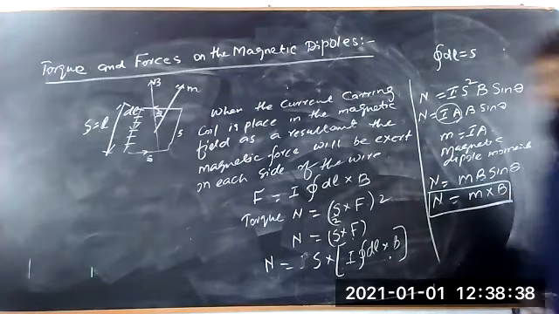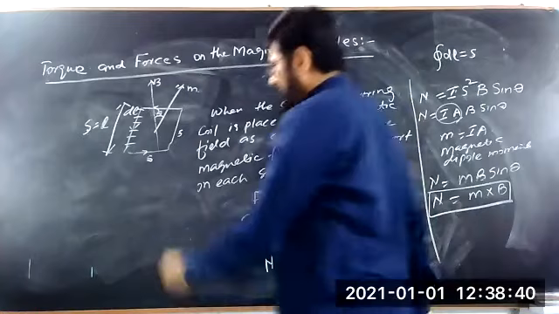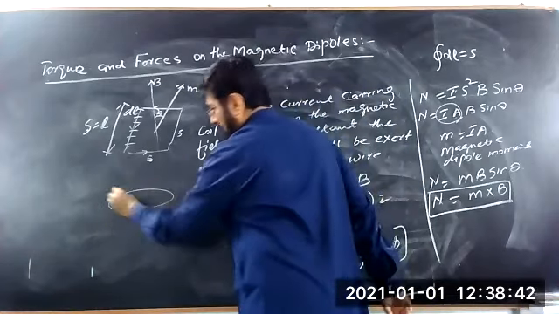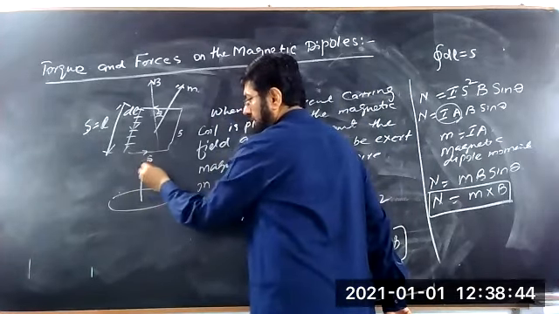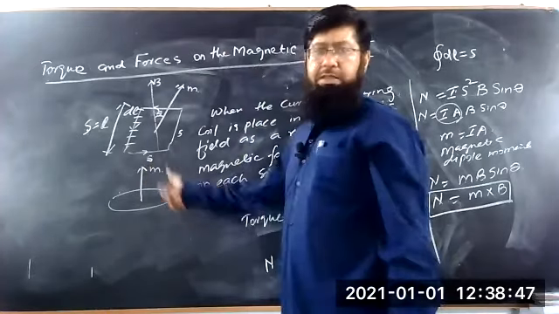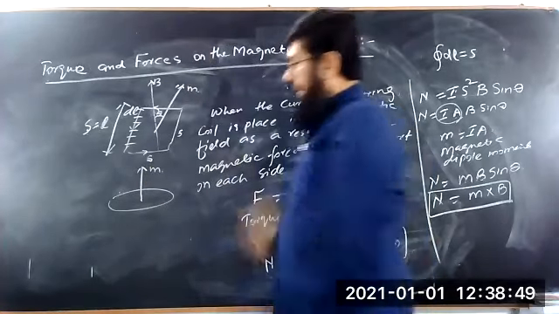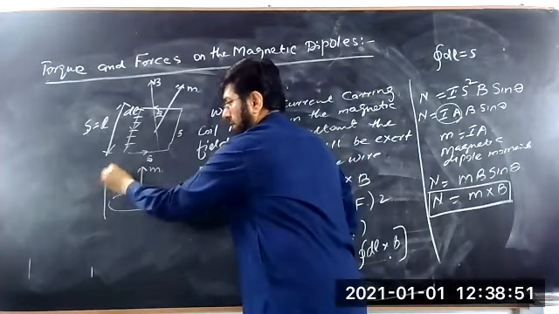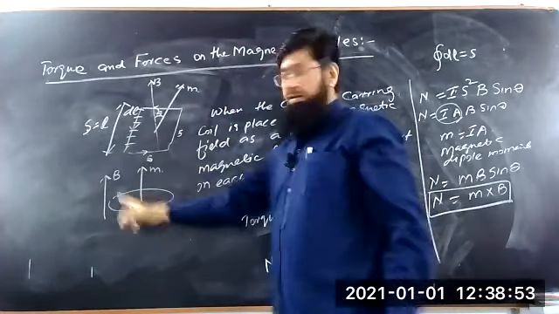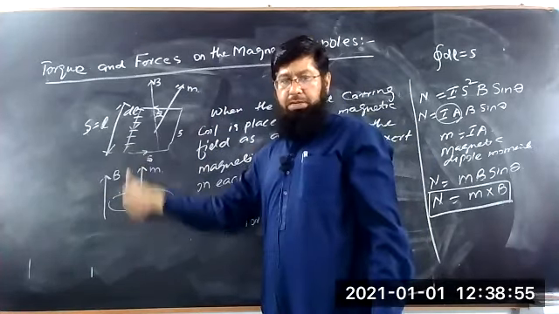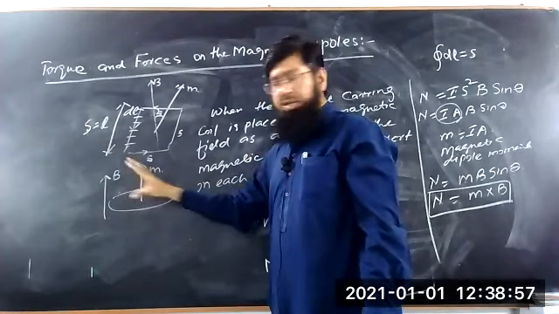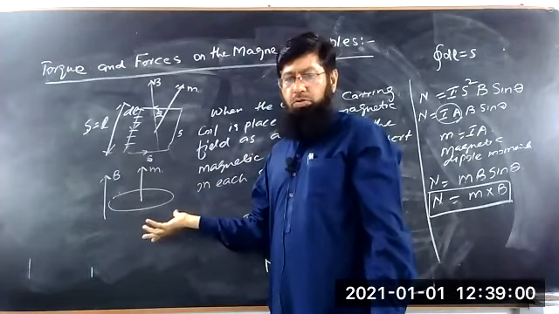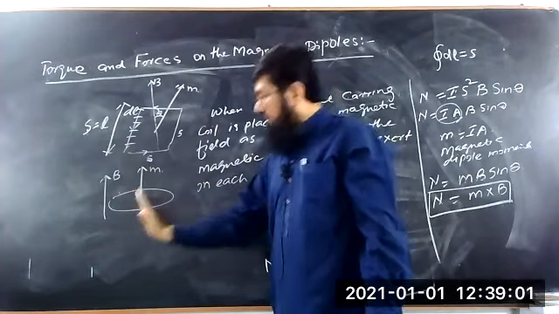If we look here, say this is the coil whose area vector is in this direction, and the external magnetic field B is in the same direction. Will it rotate the coil? No, because both are in the same direction.